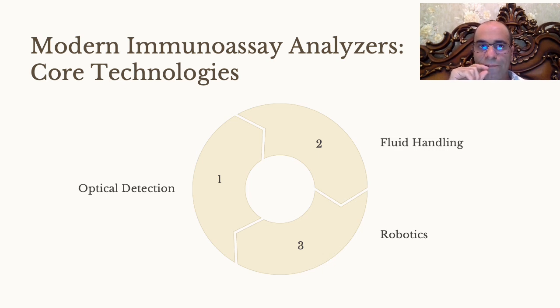Each of these technologies has evolved significantly over the past decade, enabling higher throughput, improved precision, and reduced operator intervention. The integration of these components, controlled by sophisticated software algorithms, has transformed laboratory workflows and expanded diagnostic capabilities.